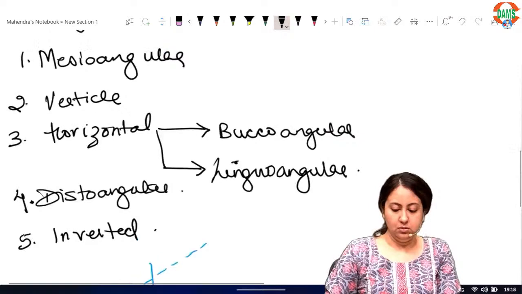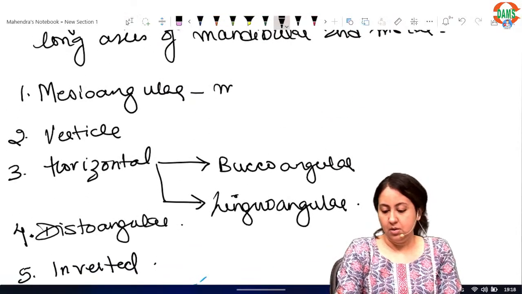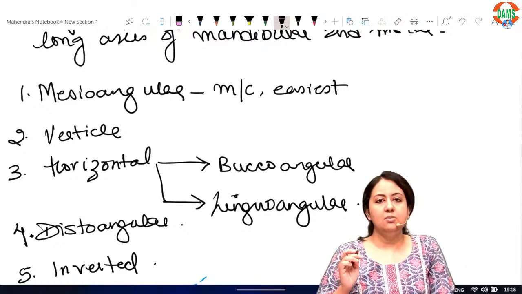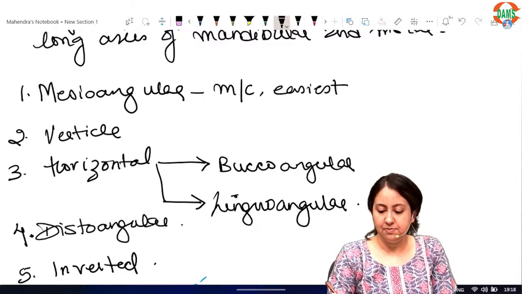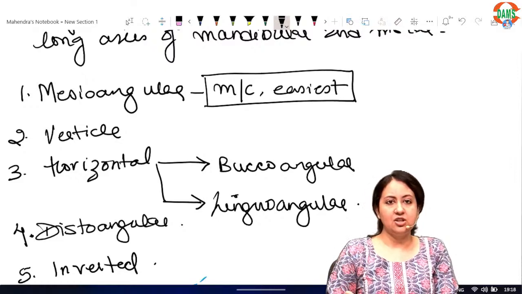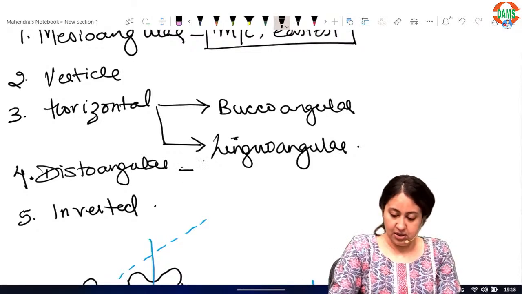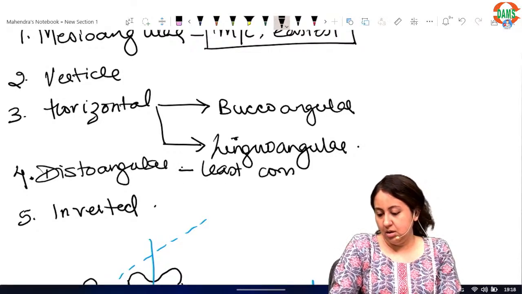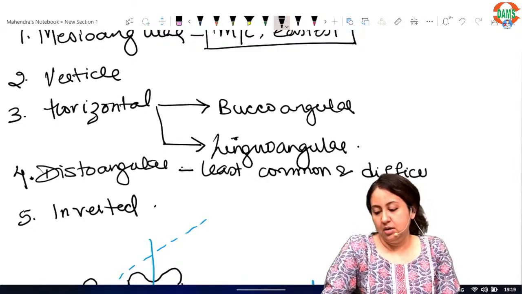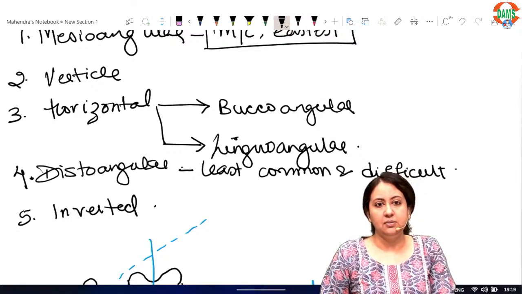Mesioangular is the most common and it is the easiest impaction, and distoangular is least common and difficult.